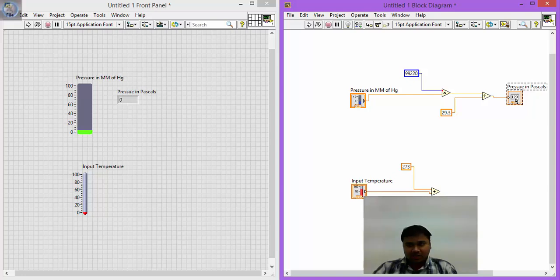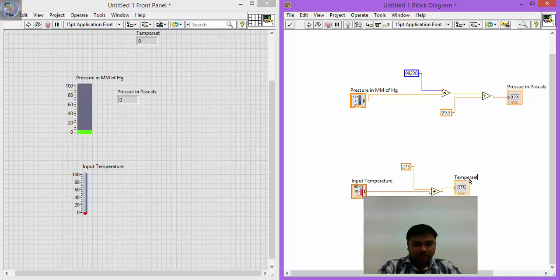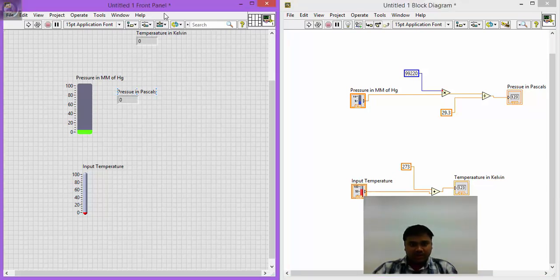I am pressing Ctrl and dragging it, connecting it and renaming it as temperature in Kelvin. So if you give input temperature, the output will be in Kelvin.